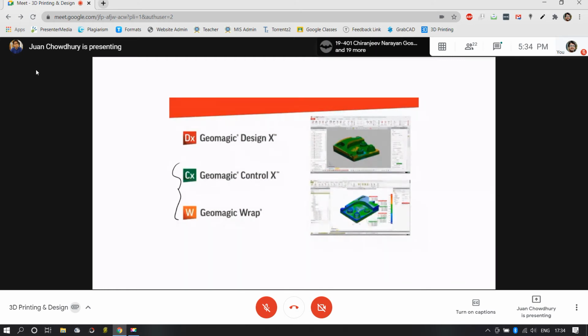I have basically taken some important parameters of Geomagic Design X from a YouTube video which is readily available for all, but a lot of tutorial videos are actually available with the computer itself. If you go to the sustainability lab, you will find a lot of tutorials within the software domain, and one can easily practice and see how they can recreate or re-engineer an object.